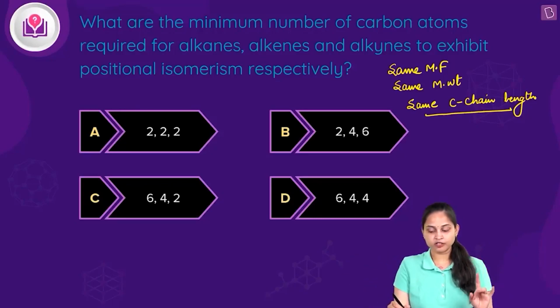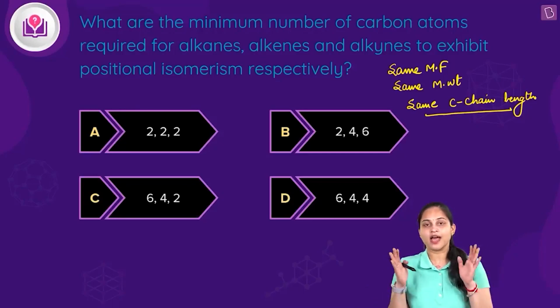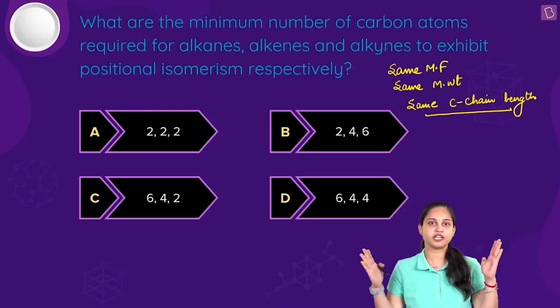So there will be a difference in the positions of the multiple bond, functional group, alkyl substituent, or any other substituents attached to the main parent chain having the same carbon chain length.